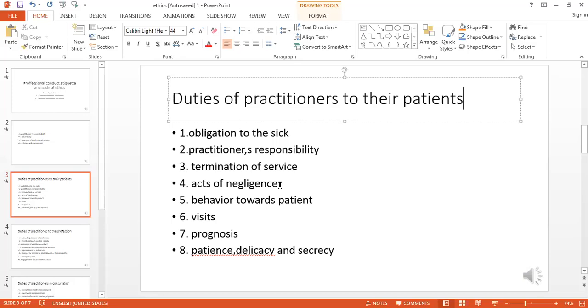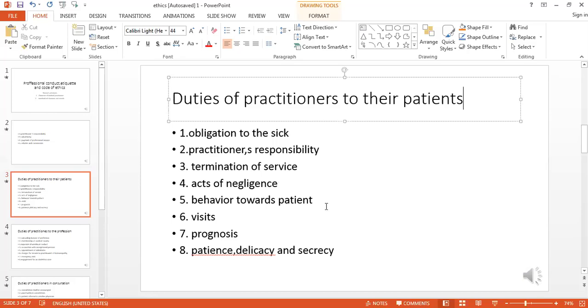Next one is the behavior towards the patient. This is a divine pathy, a very divine profession. So in this, you should have a certain sympathy for the patient. You should behave in a friendly way with the patient, and mostly with a positive attitude. You should help that patient very nicely, because every patient wants a cure from you.